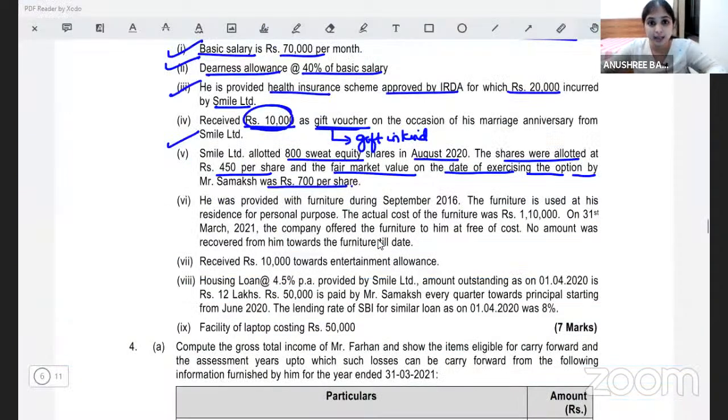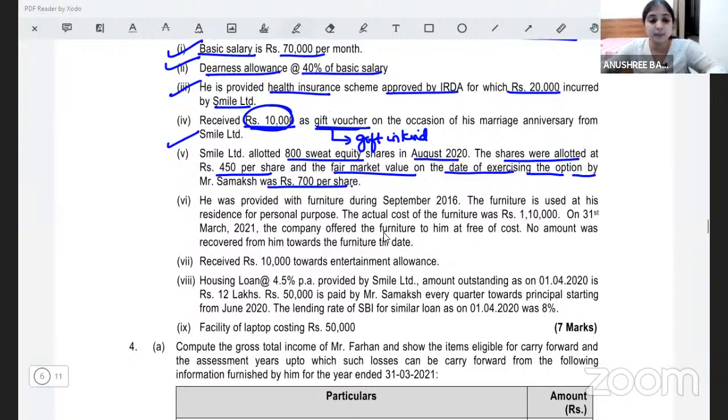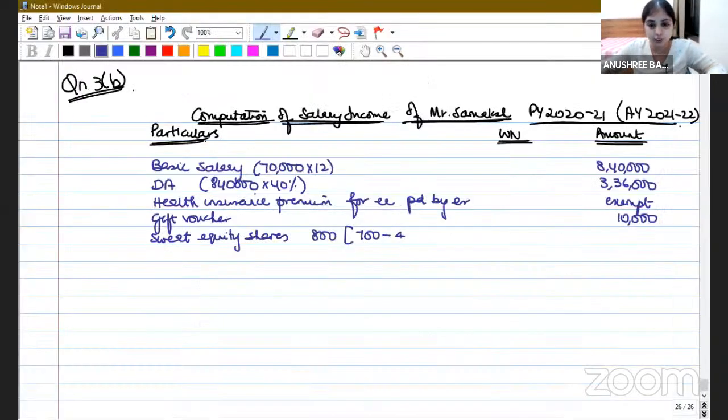How do we find the taxable value of the perquisite? You see what is the FMV on the date of exercise of option. FMV on the date of exercise of option is 700 rupees per share. From this you subtract how much did the employee pay. Employee paid 450 rupees per share. The balance will be taxable. So 700 minus 450 into 800, 2 lakh rupees.